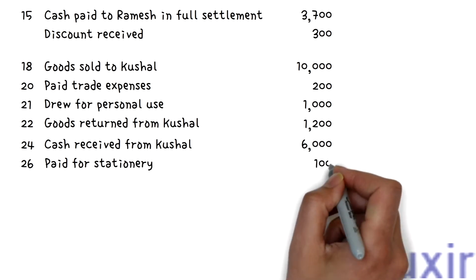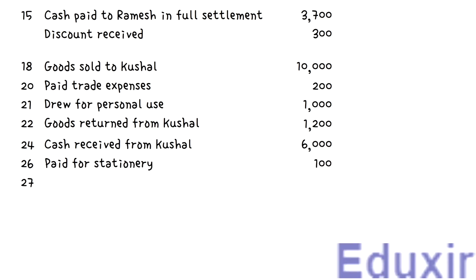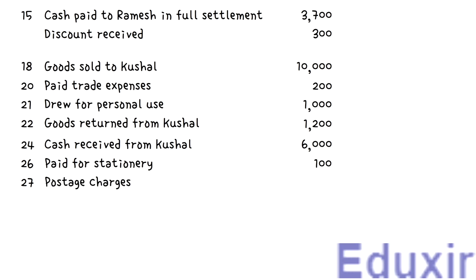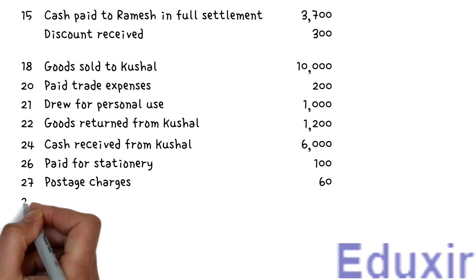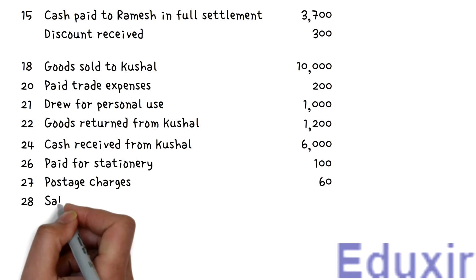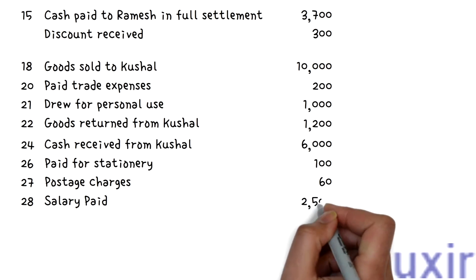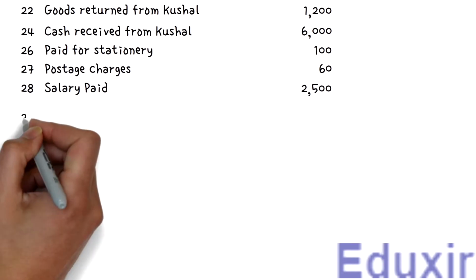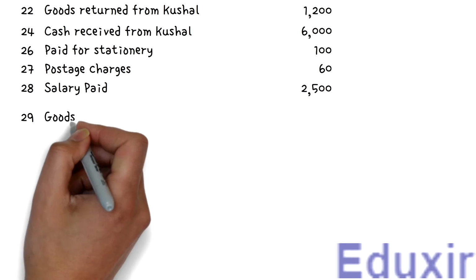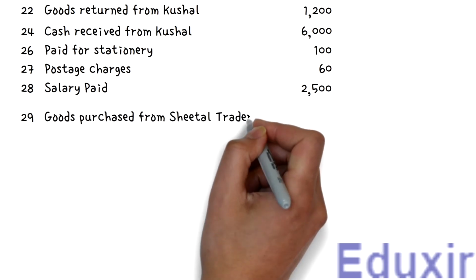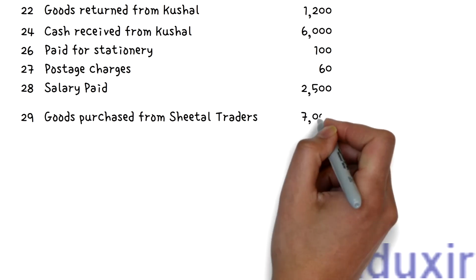On 27th April, postage charges 60 rupees. On 28th April, salary paid 2,500 rupees. On 29th April, goods purchased from Sheetal Traders 7,000 rupees.